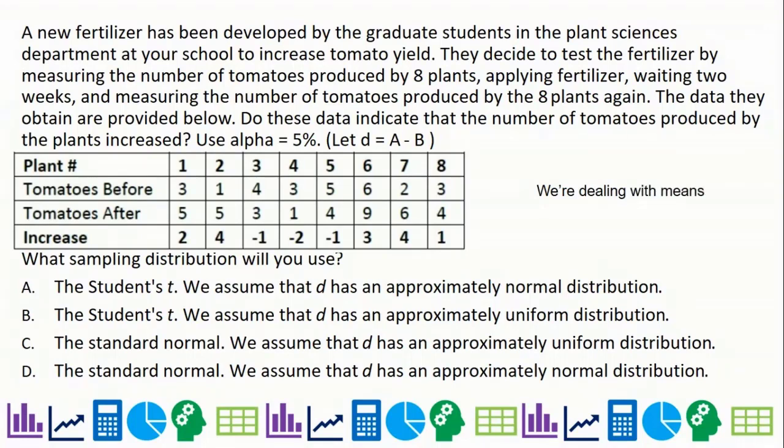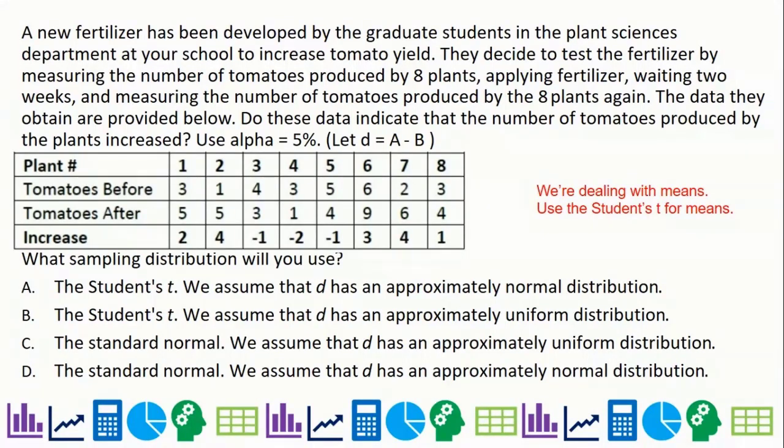And with means, unless you know sigma, which is very rare, use the student's t. We always use the student's t for means. I used to teach you how to use the normal for means, but that's very unusual. AP occasionally has to deal with that, but you guys don't. So we are dealing with means, so we use the student's t distribution.